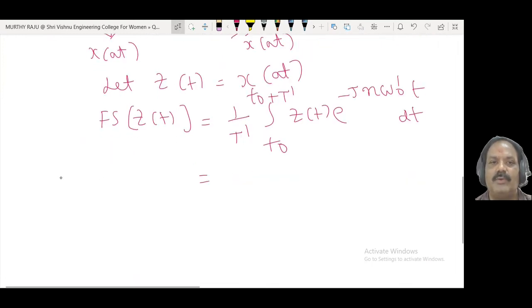Here, we know that T dash is equal to T by a.